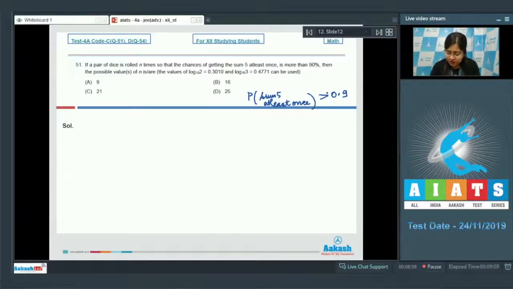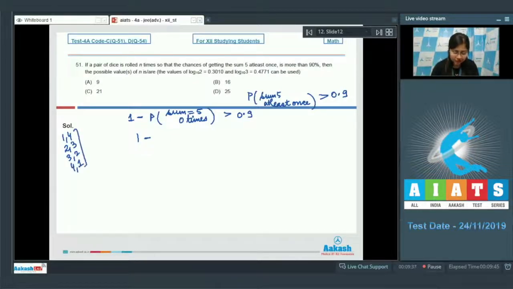So this can be written equal to 1 minus the probability of getting sum equal to 5 zero times. This is given to be greater than 0.9. Now how can we obtain the sum as 5 when a pair of dice is rolled? If we get on the dice the numbers 1, 4 or 2, 3 or 3, 2 or 4, 1.